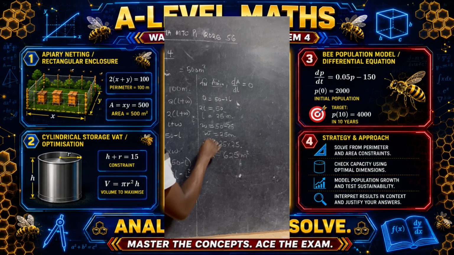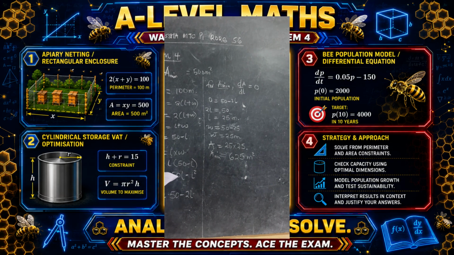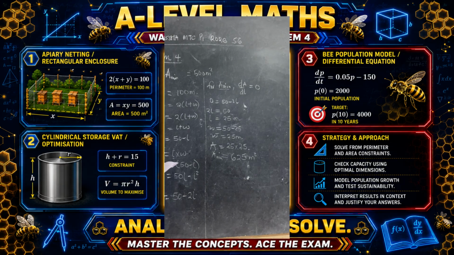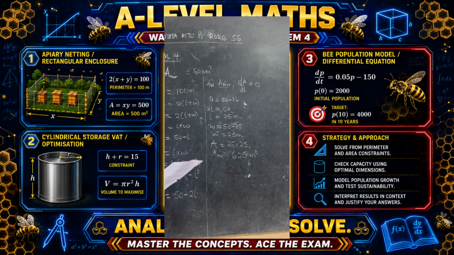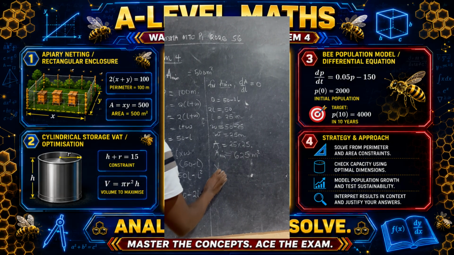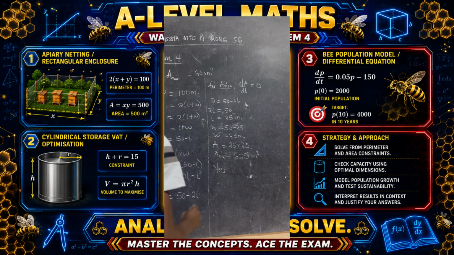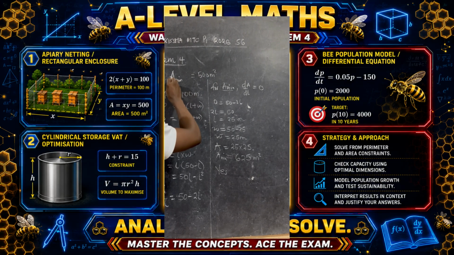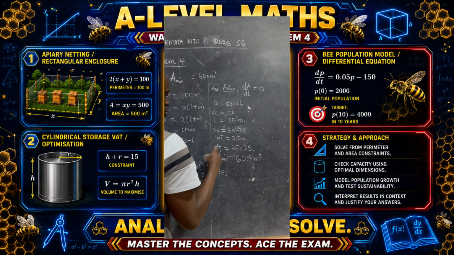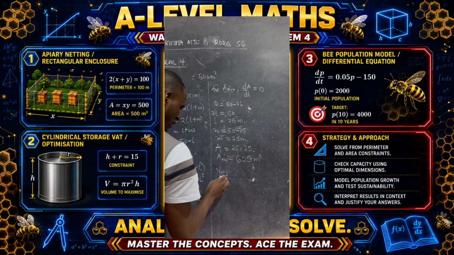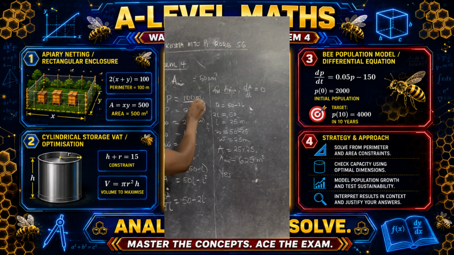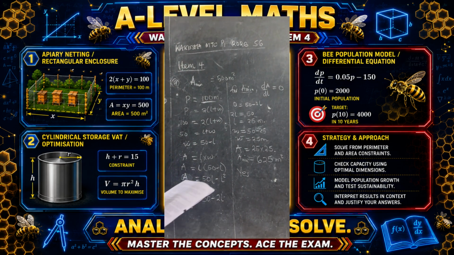This is the minimum area. They want us to help the cooperative establish whether the available netting is sufficient to enclose the required area. And I'm saying yes, because they want to fence just 500 meters, but according to the dimensions which give a minimum area, they are giving us 625. So this will be sufficient.